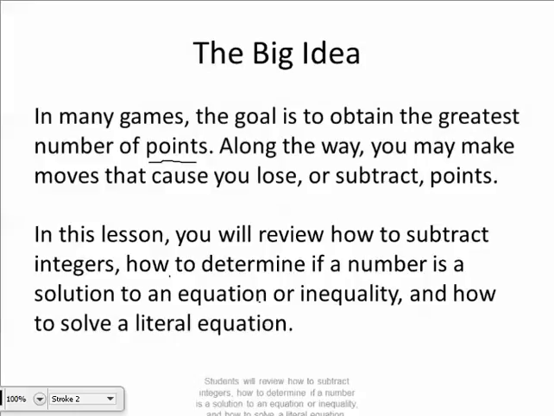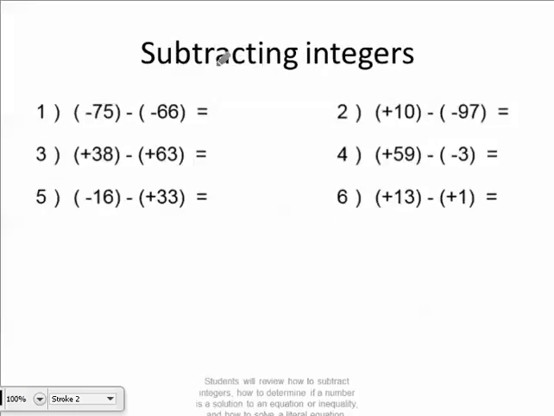So let's look at a couple of things here. First of all, if we're subtracting integers, remember, integers are the numbers with the negative ones as well, right? Positive and negative numbers. So let's look at this. We got negative 75 minus a negative 66. Well, when I see minus a negative, I automatically draw two lines like that, reminding me that it's going to be plus 66.